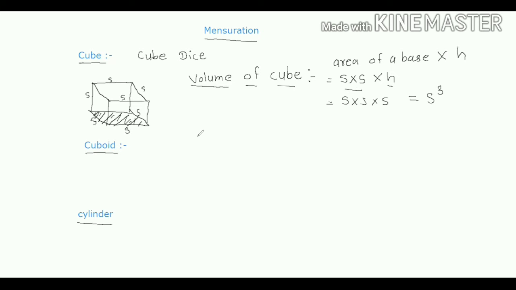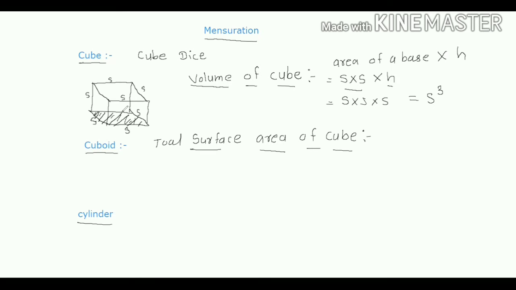Then we talk about the surface area of a cube. Surface area and total surface area are the same.